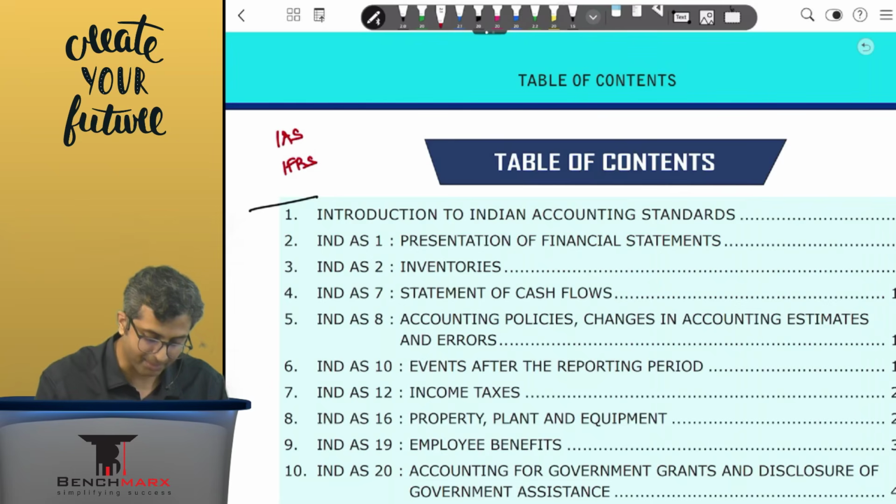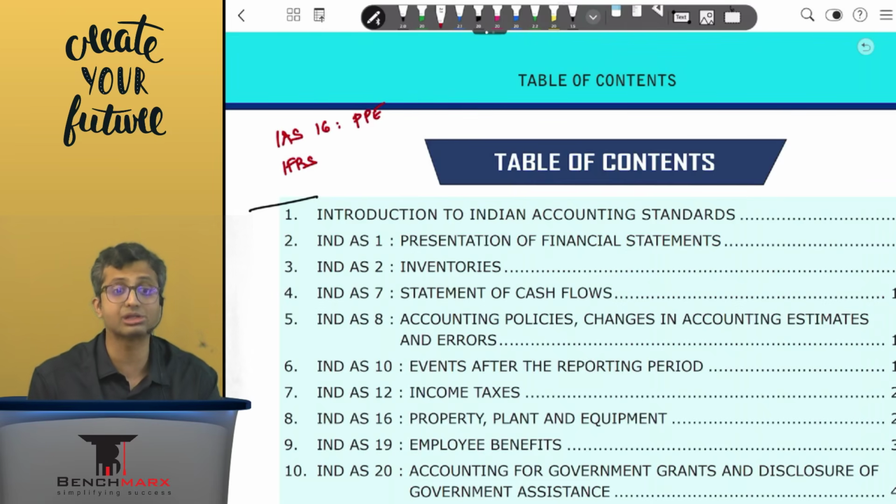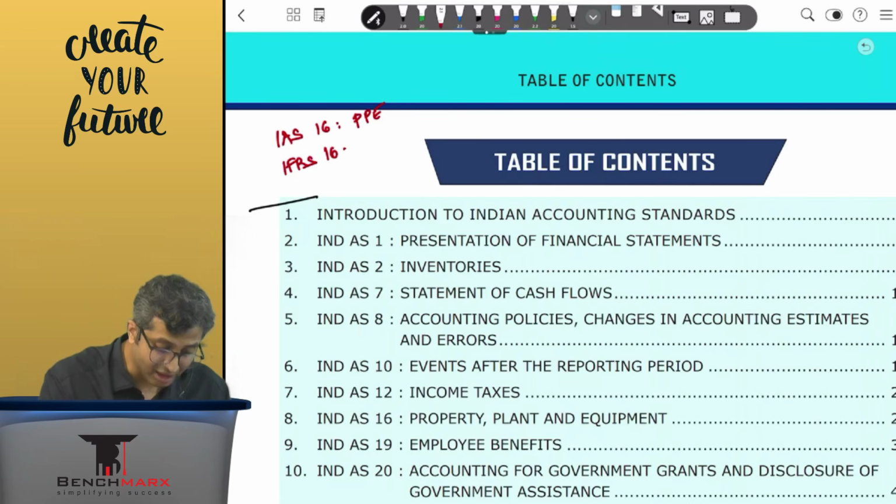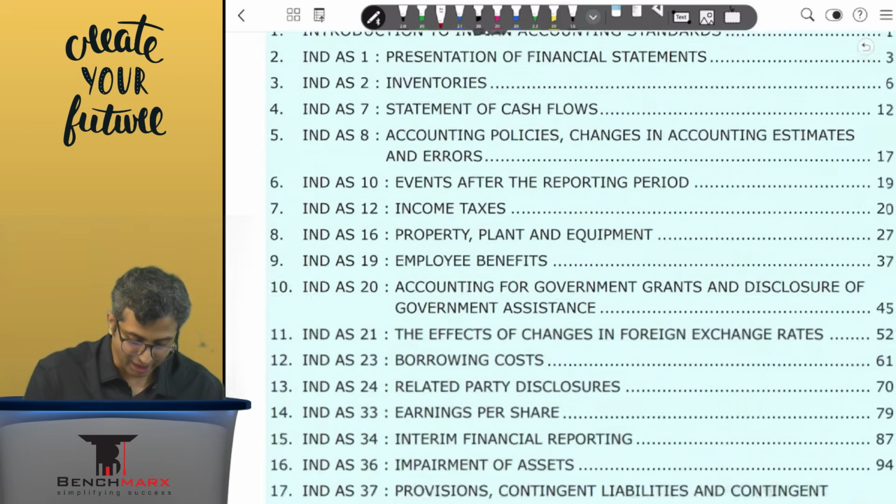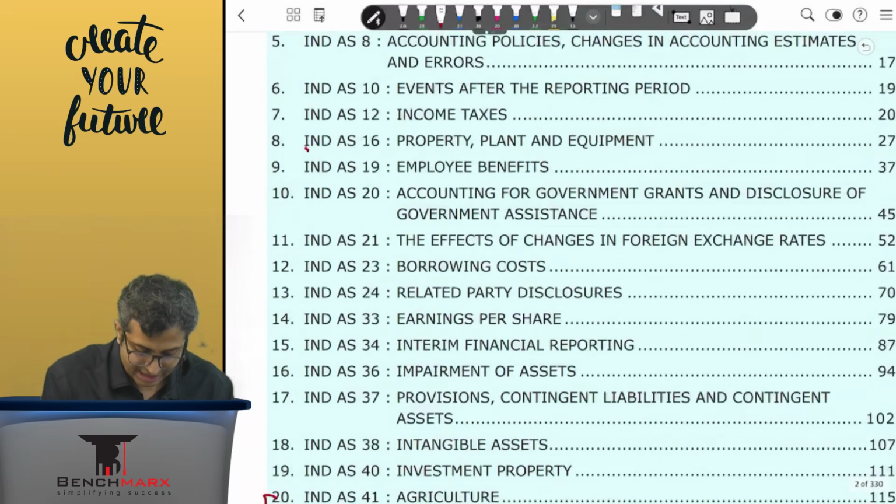So problem happened that there is an IAS 16 called PPE, international. Actually, there's an International Accounting Standard 16, which is Property, Plant and Equipment. But there's also an IFRS 16 called leases. So अभी तो 216 हो गया. And hence what I do is I call Ind AS 16.